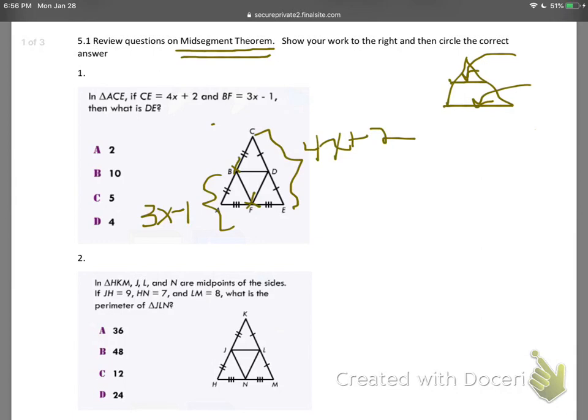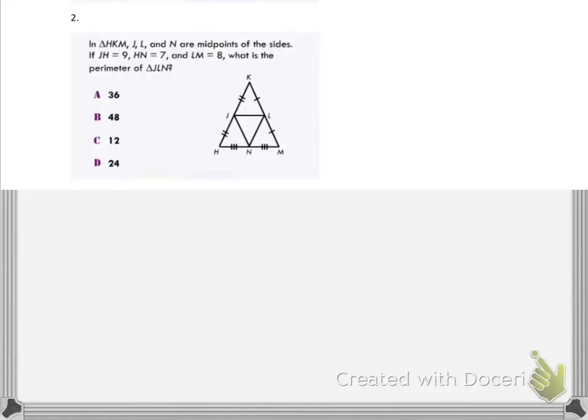So instead of saying half, say that if I want the big piece, I multiply by 2. Okay, so here's number 2. Number 2 says, in triangle HKM, so HKM is the bigger triangle. J, L, and N are midpoints of the sides. So those are midpoints, so therefore those segments that connect them are called mid-segments.